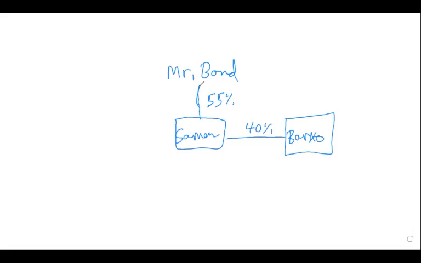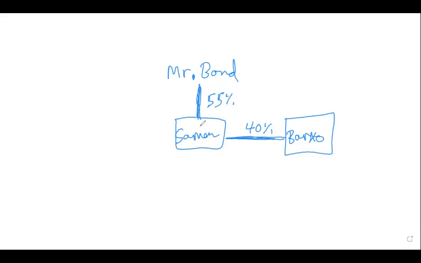So again, when we say indirect ownership, we're showing Mr. Bond owning a portion of Cernan, which owns a portion of Barkso. So Mr. Bond has some indirect or potentially indirect control. If he can control one company, maybe he can control the other.